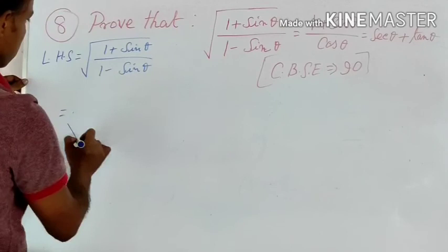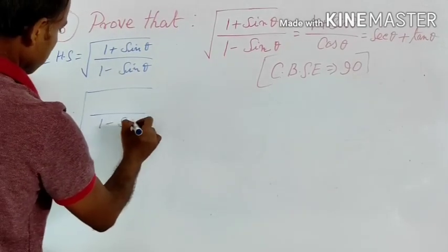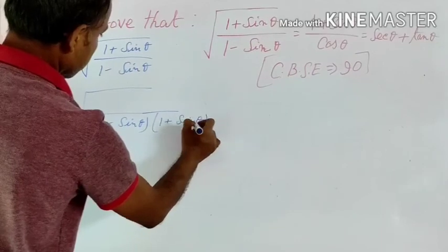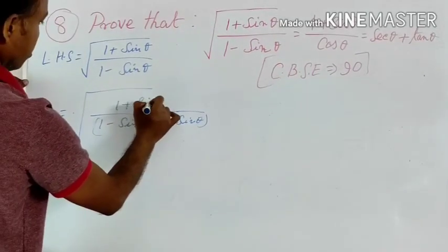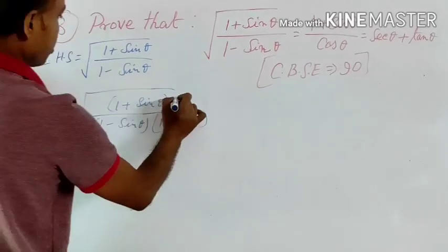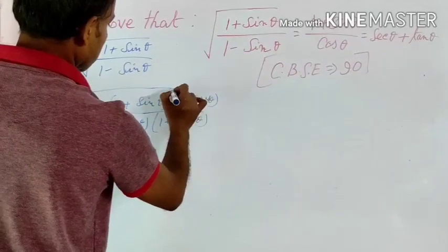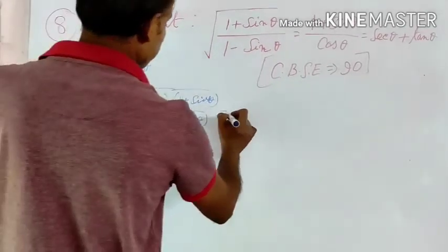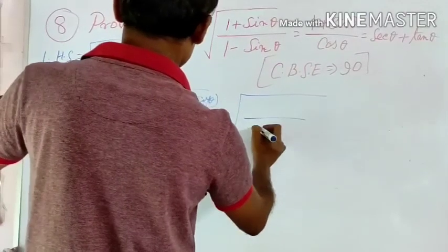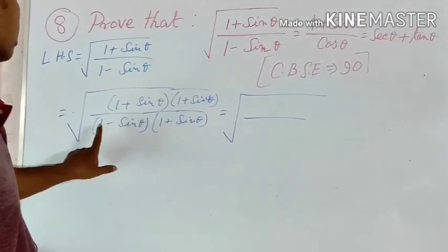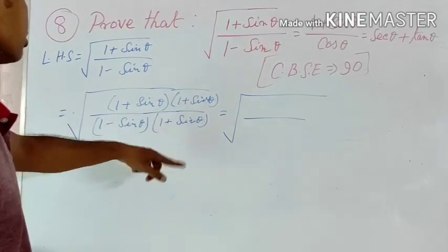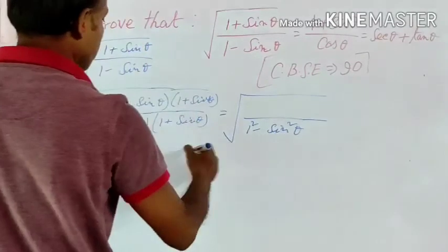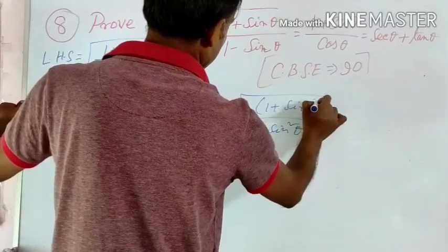Rationalizing, that is multiply numerator and denominator by 1 plus sin theta, that is equal to root over, this is (a minus b) into (a plus b), that is a square minus b square, that is 1 square minus sin square theta, and (1 plus sin theta) whole square.